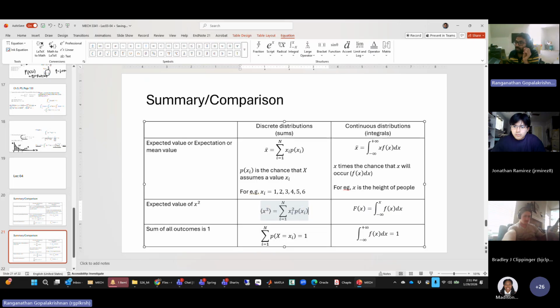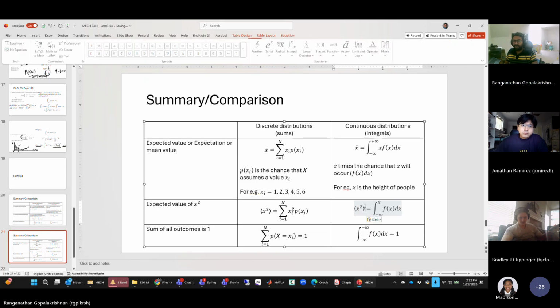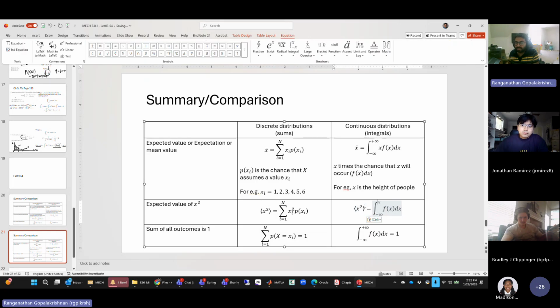That is the value of x squared multiplied by the chance that x will occur, so whatever the chance of x is, that is weighted by x squared. That's the expected value of x squared. The same thing will carry over here, where I should change this x to x squared.